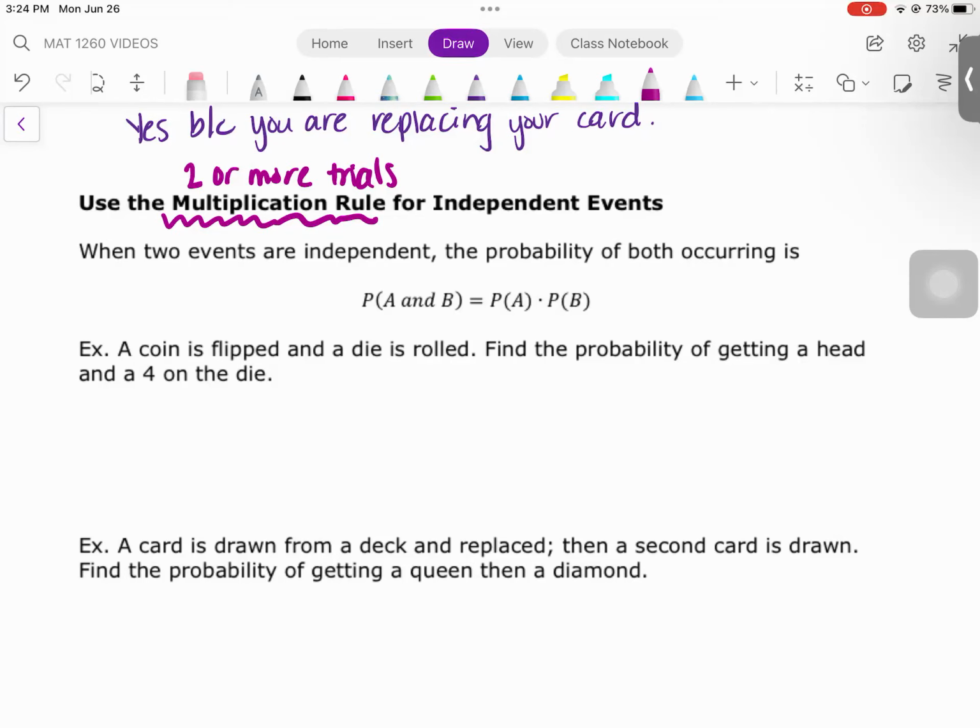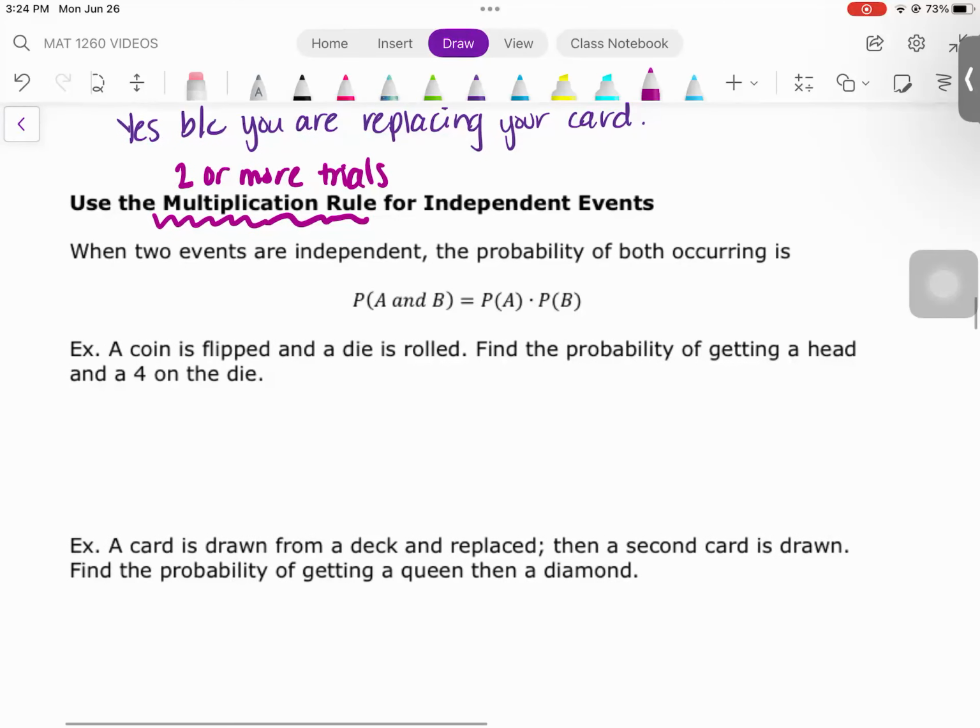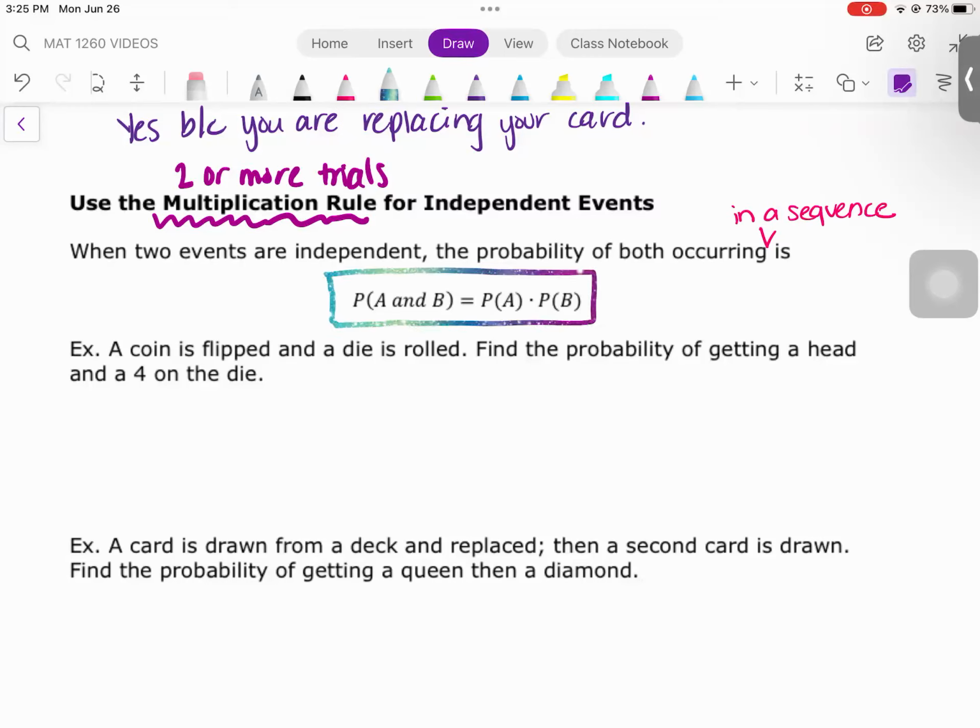So when 2 events are independent, meaning the probability of one doesn't change the probability of the other occurring, the probability of both occurring, and I'm going to add here in a sequence, is given by this probability formula. The probability of A and B equals the probability of A times the probability of B.